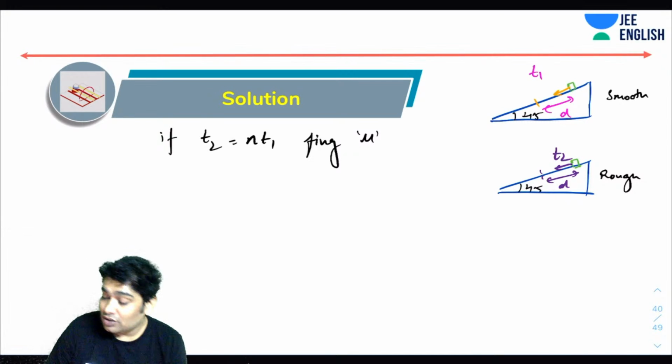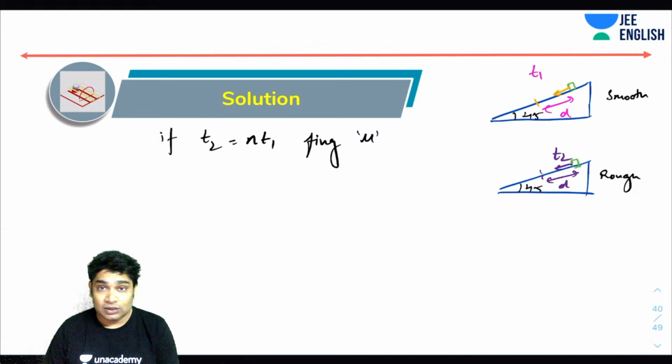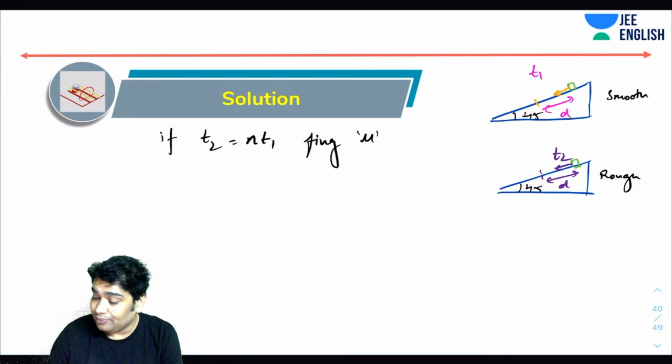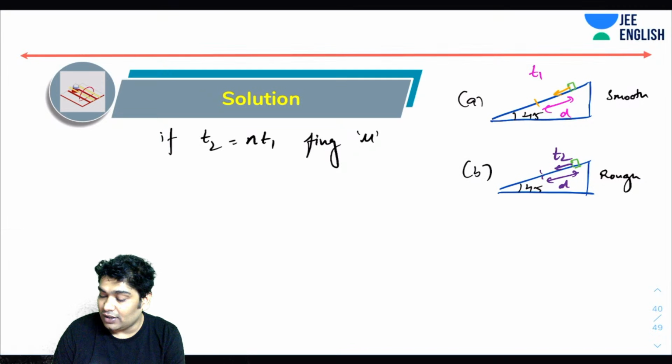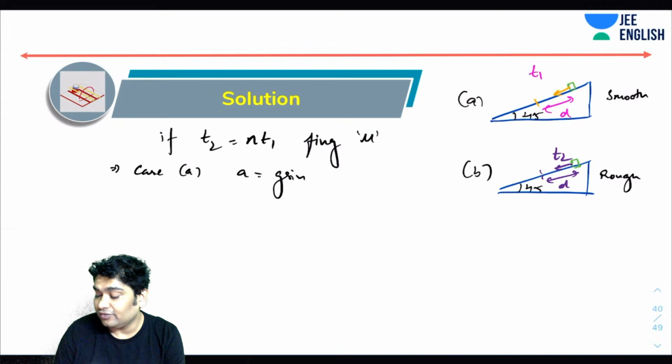So this is my case A, case B. Let's try and talk about case A. In case A, I know the acceleration would be g sine 45.